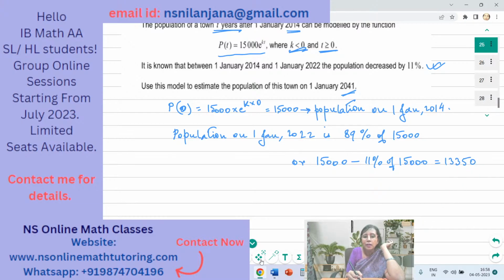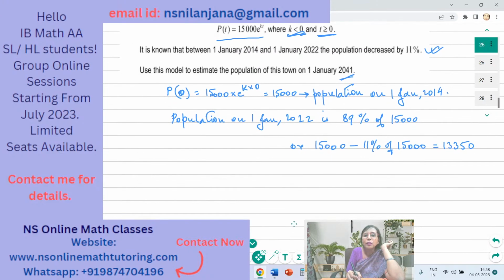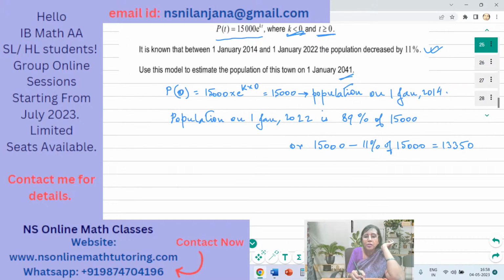Okay, so we have, I'm just copying the expression, P of t is equal to 15,000 times e to the power of kt.